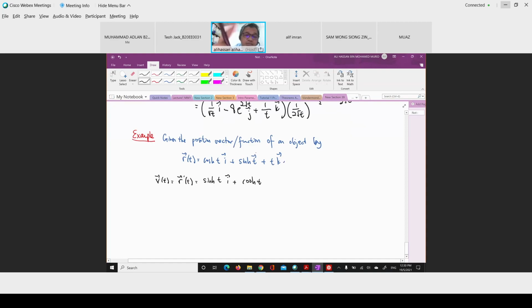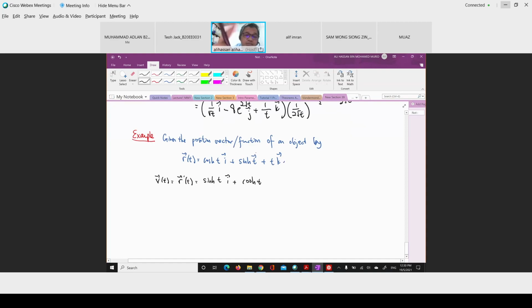We have an identity: cosh squared t minus sinh squared t equal to 1. So 1 plus sinh squared t is equal to cosh squared t. Using that identity, this becomes 2 cosh squared t, which is equal to square root 2 cosh of t, because cosh t is always positive.